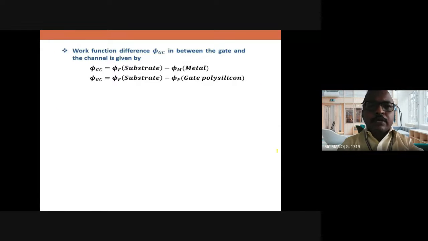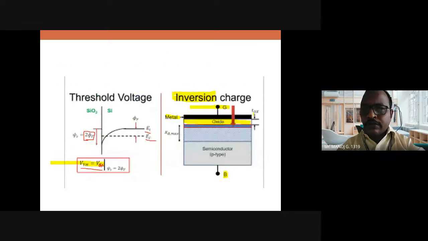The first parameter, as I already told you, is the difference between the metal and the channel. It's the work function, which is a difference between a metal and the channel. I say metal because it's almost the gate, the polysilicon region, which is the top region. I told you in the construction: metal, oxide, semiconductor, and the substrate.